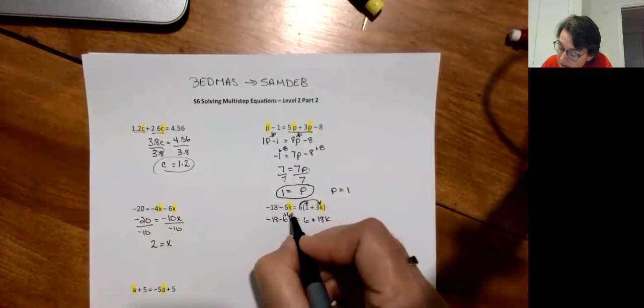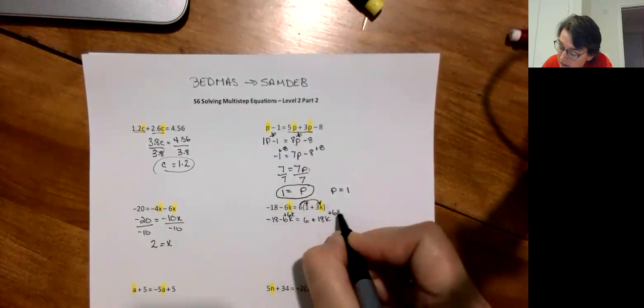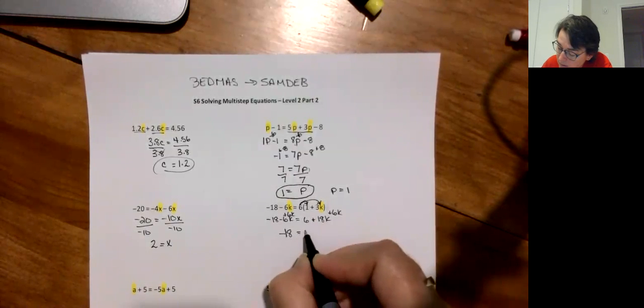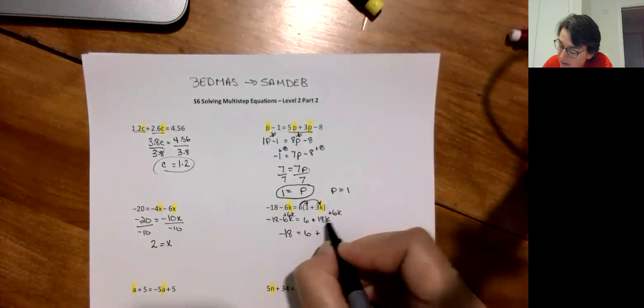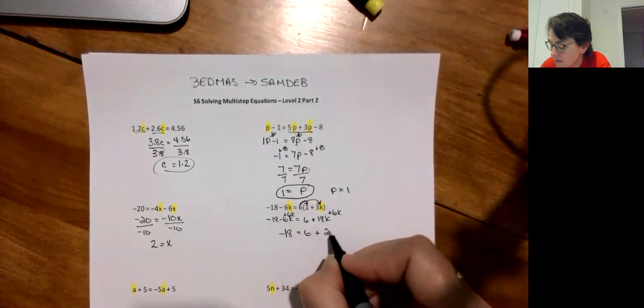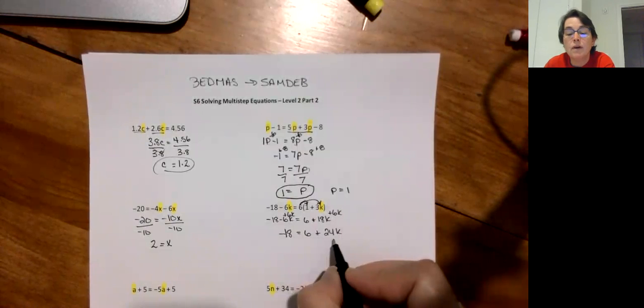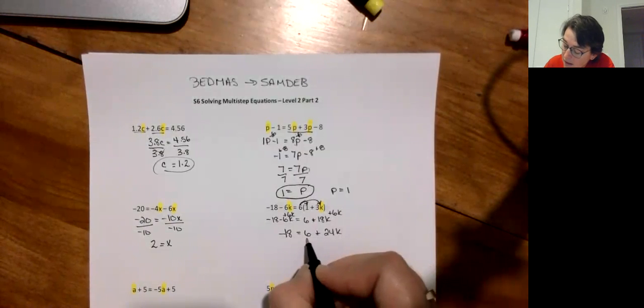So I'm going to add 6k here, plus 6k here. So minus 18 is equal to 6 plus, now 18k plus 6k is 24k. So all my variables are here on the right hand side. I need to move this 6 over there.